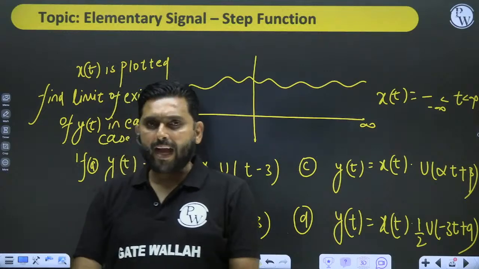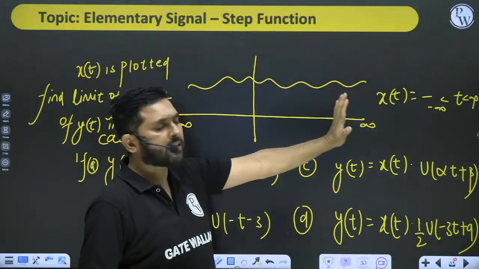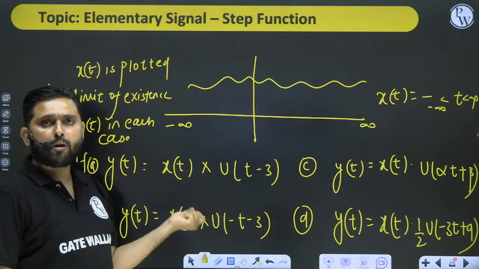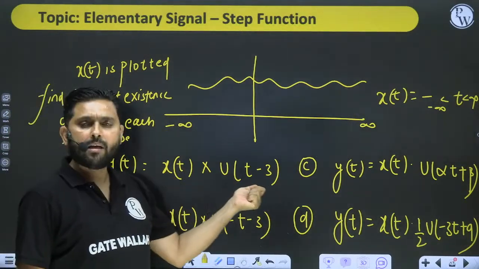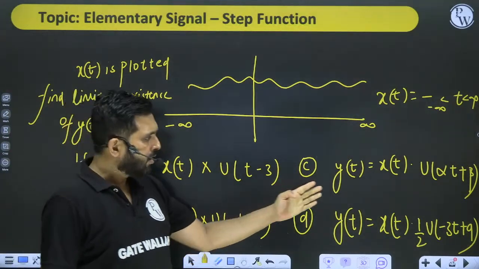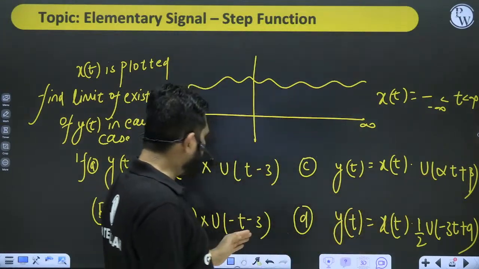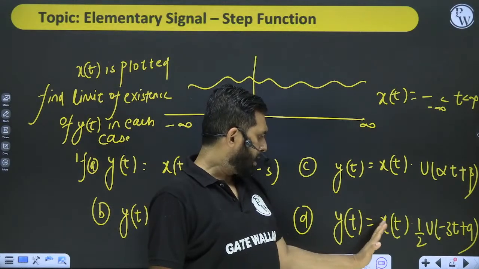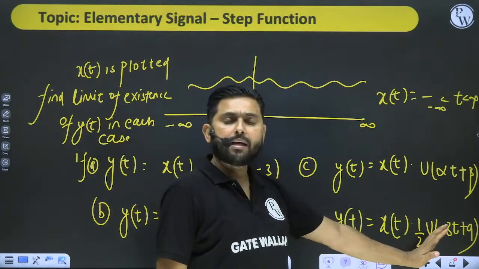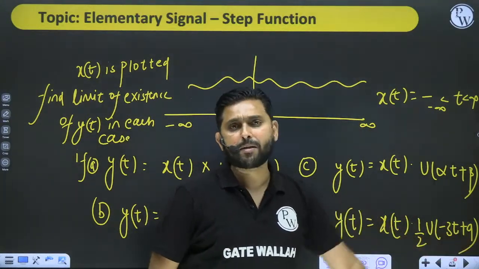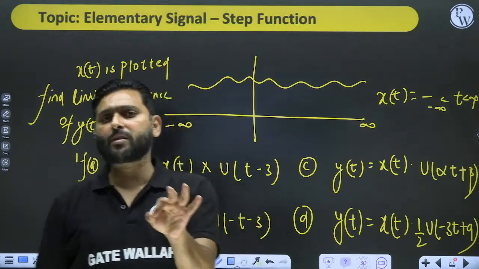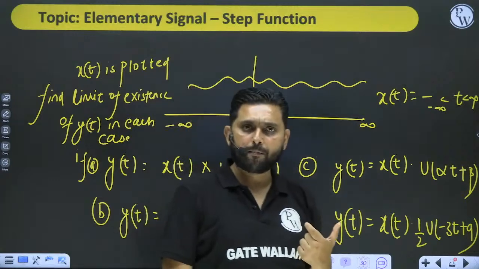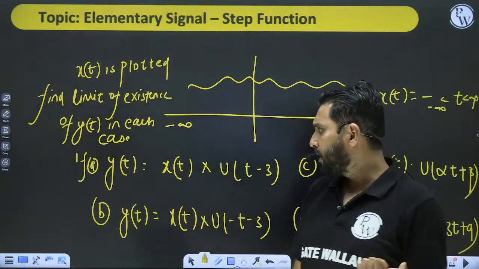Its only property is that it exists from minus infinity to plus infinity, and someone asks you: I'm multiplying x(t) with u(t minus 3), u(minus t minus 3), u(alpha t plus beta), and u(half minus 3t plus 9). I want the limit of existence of y(t). That's the simple question. Let's do it.